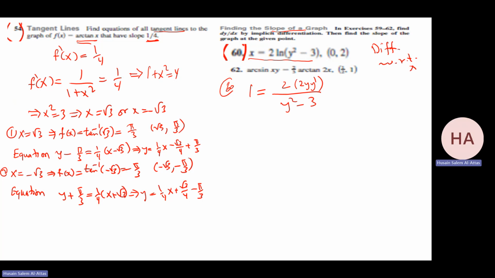So at the point 0 and 2, you can substitute right away. What you will get, I have 1 equals 8y prime over 4 minus 3, which is 1. So y prime equals what? 1 over m, which is the slope.